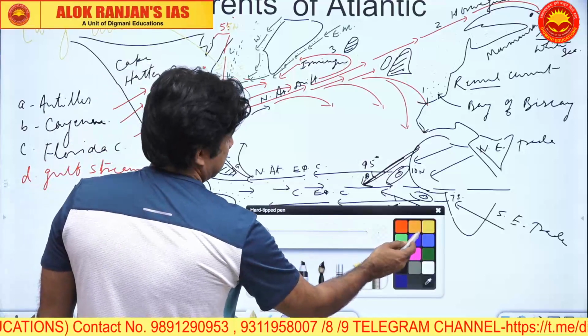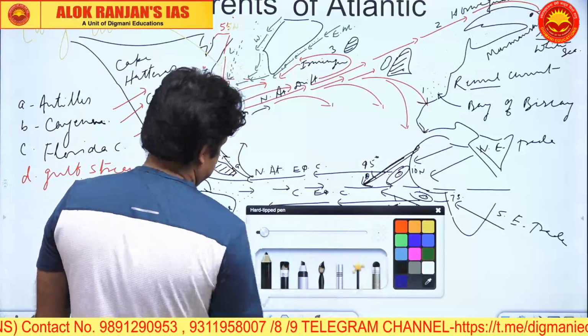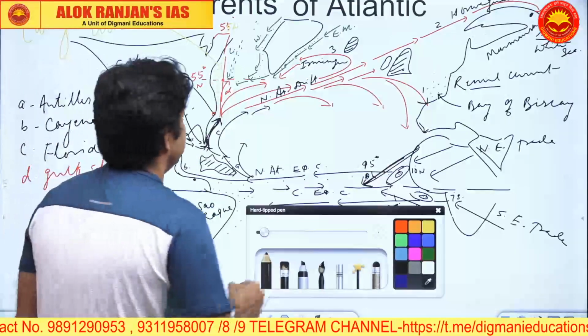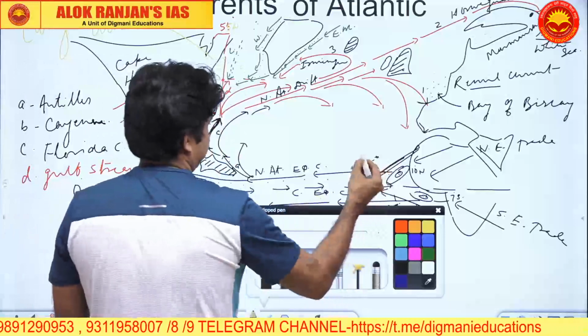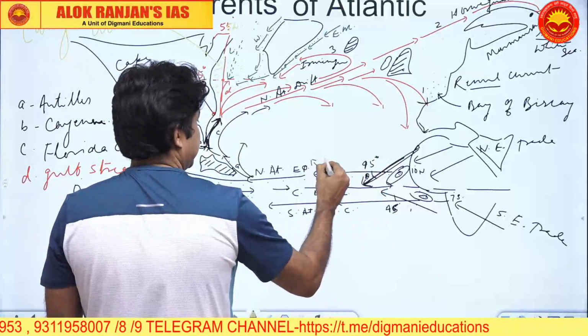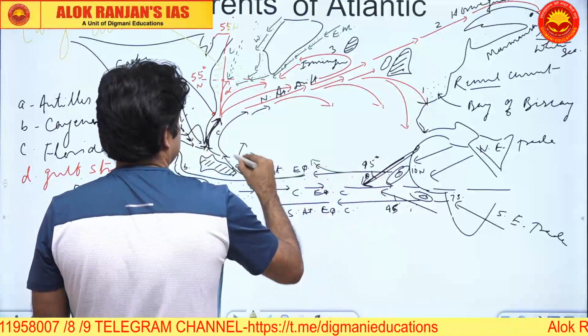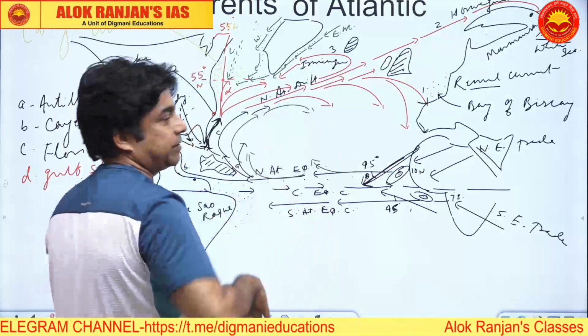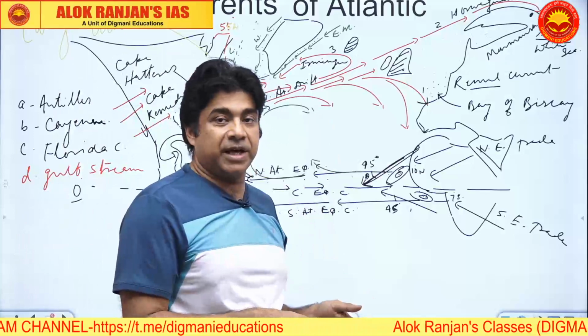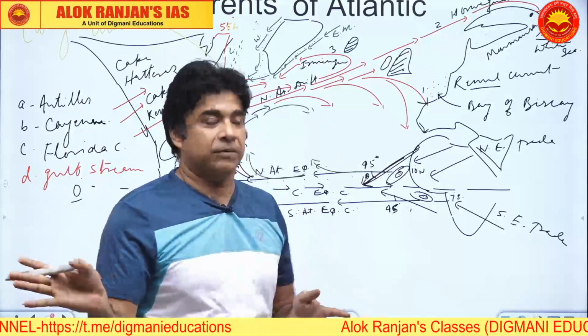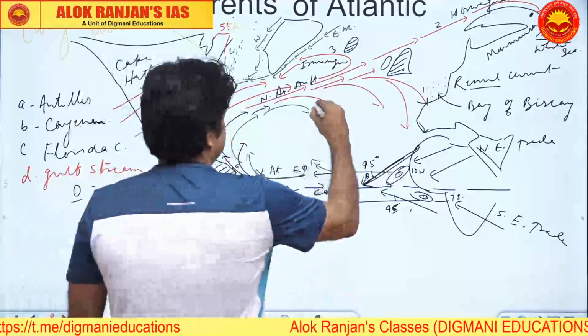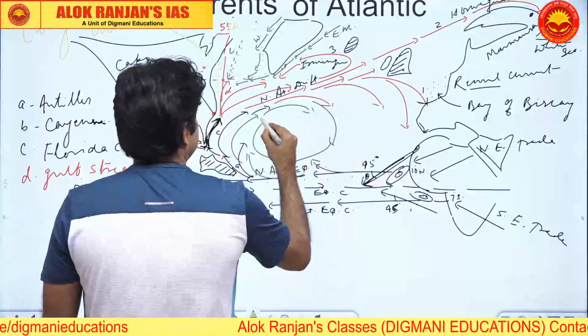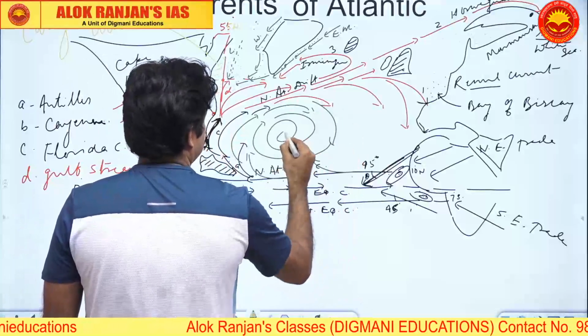Now what? Let me take again green color because I am using green color for cold current. Now think of the Coriolis. So Coriolis is operating on all these currents, no? So when Coriolis operates, the water flow will be deflected towards the right always. So when it is being deflected rightward always, this is how the circulatory pattern will become.